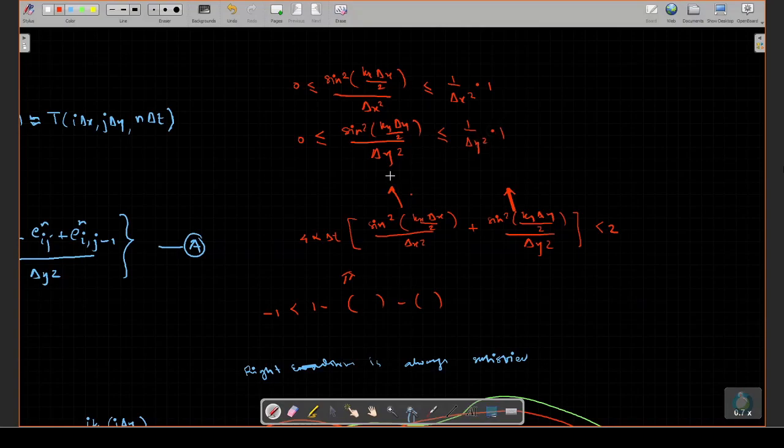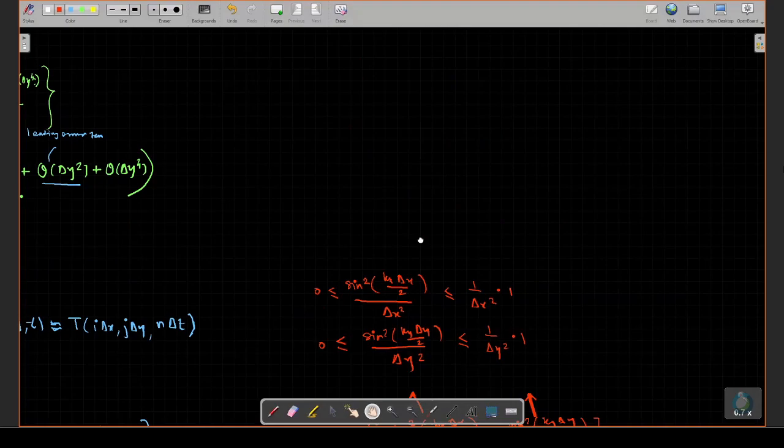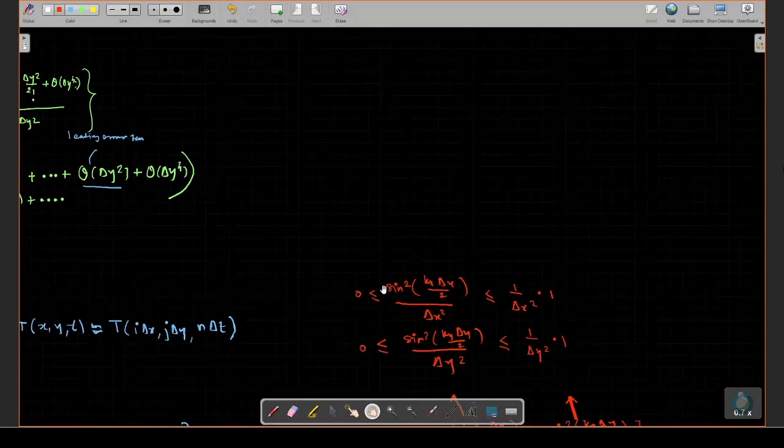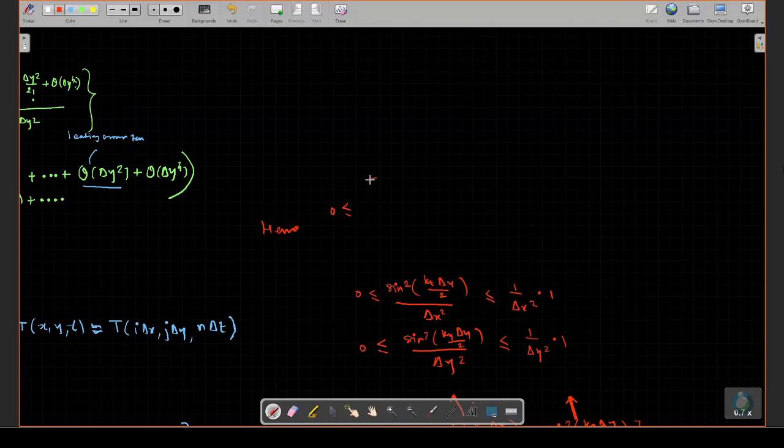So in total, from these two conditions, we have to have sine square kx delta x by 2 over delta x square plus sine square ky delta y by 2 over delta y square should be less than or equal to 1 over delta x square plus 1 over delta y square.